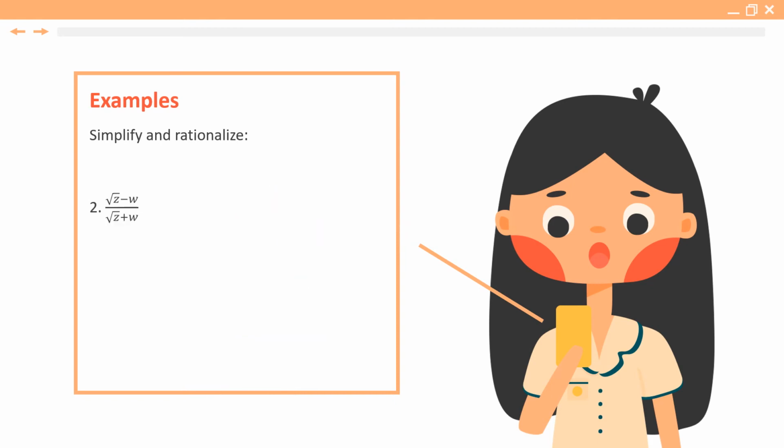For our next example, we have square root of z minus w over square root of z plus w. So we multiply this by the conjugate, so we have square root of z minus w over square root of z minus w. So our answer would be, let's use the FOIL method.